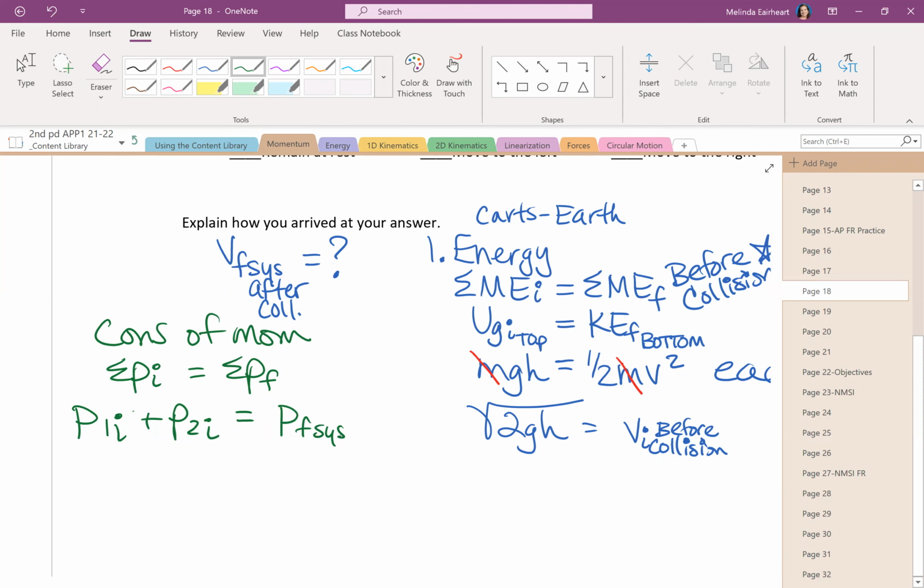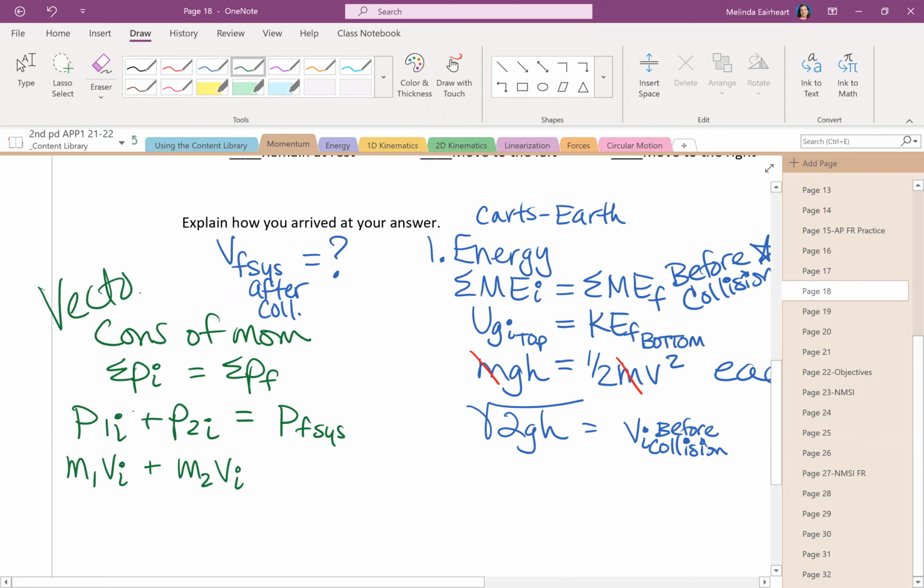And so we can come in and say, well, M1 V initial plus M2 times its initial. Wait a second. It's a head-on collision. What little change can I make, either now or later? Momentum's a vector. So who's going to be negative? Part B, or 2, we can make that a negative, and I'll change color just for emphasis.